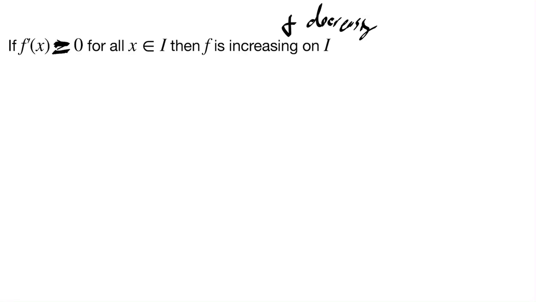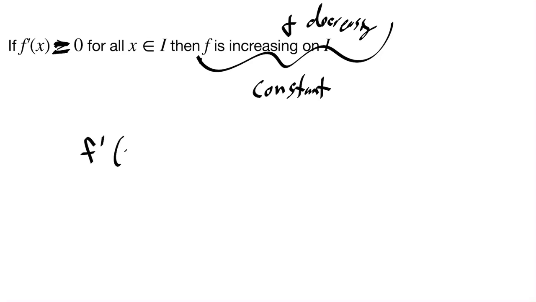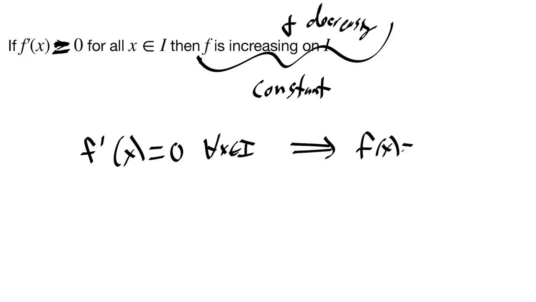It's decreasing because the less than or equal to 0 proof shows it's decreasing. But what functions are increasing and decreasing at the same time? The answer is constant functions. So f prime of x equals 0 for all x in the interval only when f of x is a constant function.